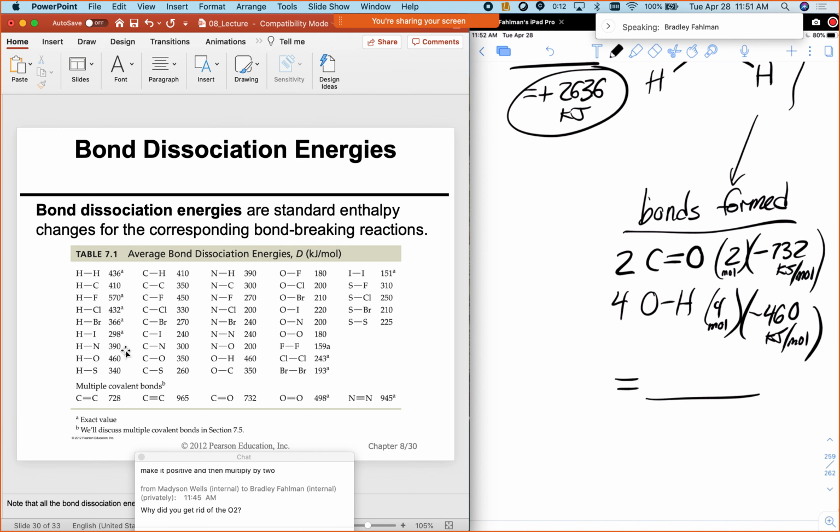So then we do that. 2 times 732 is minus 1464, minus 4 times 460, 1840. So that's minus 3304 kilojoules.